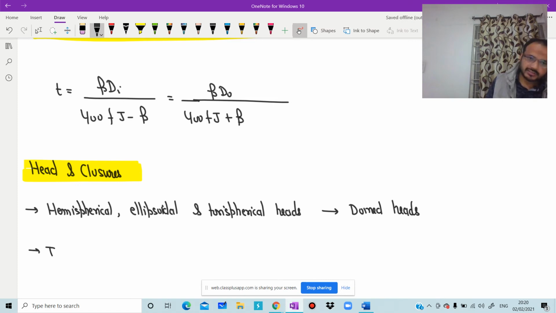And the torispherical head is known as disc heads.